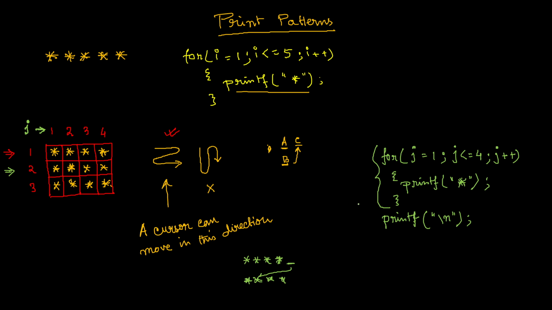So you can repeat this over here for the second line. First line done, second line done. Then you can write printf \n, because you want to come back to the next line, since you have to do this printf for the third row again, and you can rewrite this again over here.